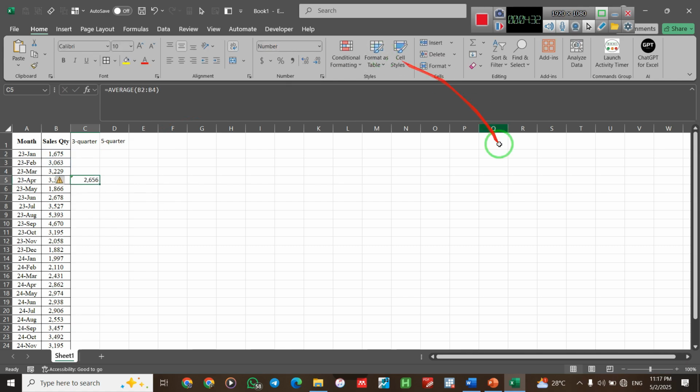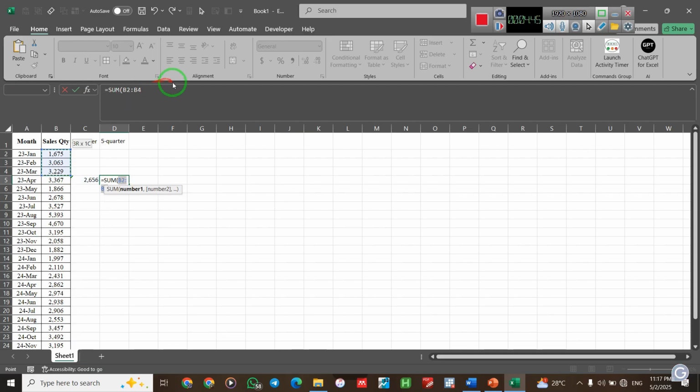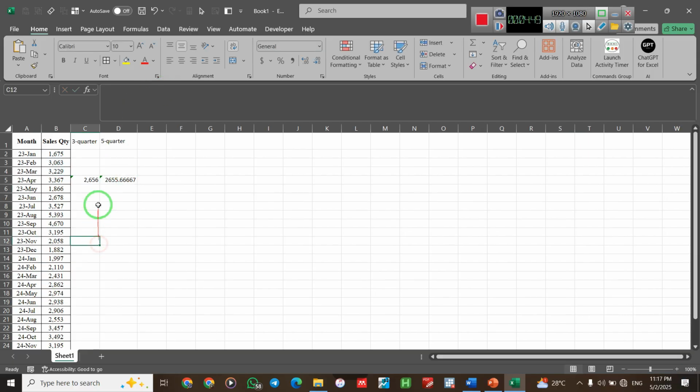Then you can come up with this answer. It is easy to use the average formula, or otherwise you can use the sum of these three values and divide it by 3. Then you will come up with the same answer like this. It is easier to use average, because in the moving average what it is simply doing is averaging, right?